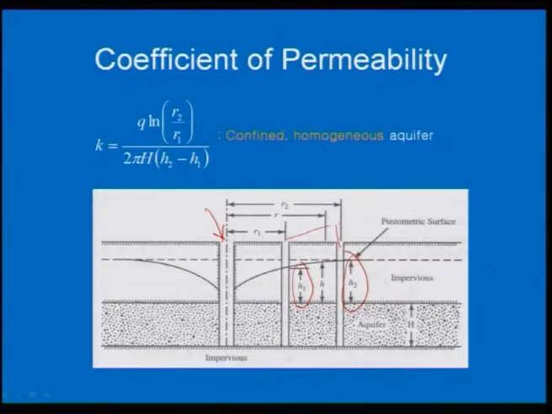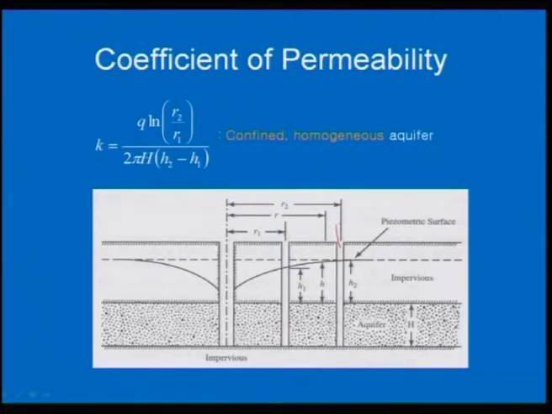The coefficient of permeability K can be found as K equals Q ln(R2/R1) divided by 2 pi (H2 minus H1). K is your coefficient of permeability, and R1 is the distance of the observed well from your discharge well.